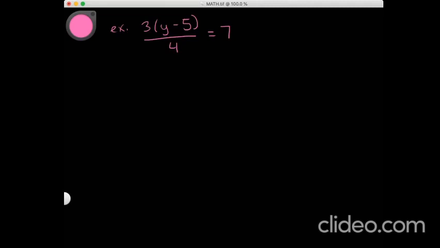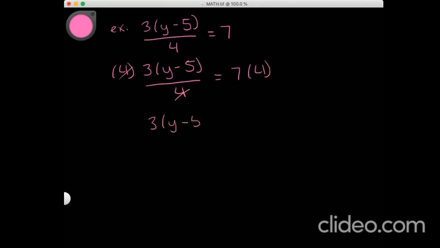So what that looks like is 4 times 3 times y minus 5 over 4 equals 7, also times 4. So these two 4's will eliminate each other, and I'm going to be left with 3 times y minus 5 equals, now 7 times 4 is 28.